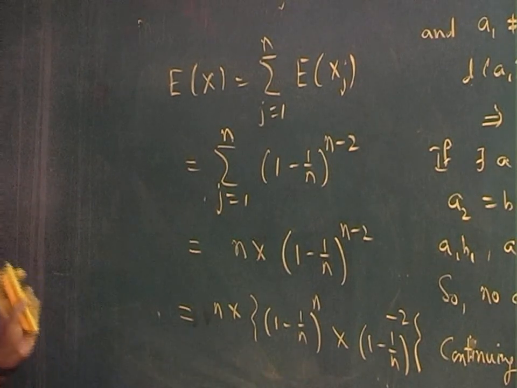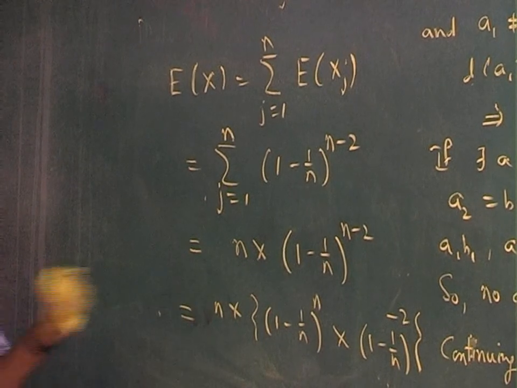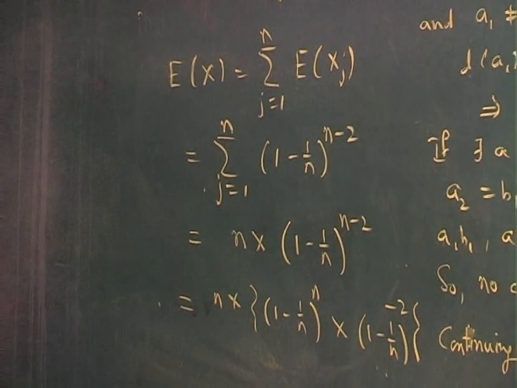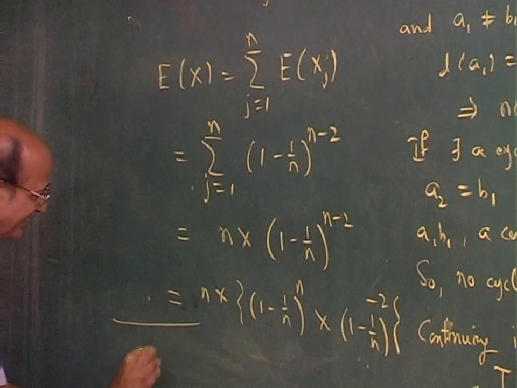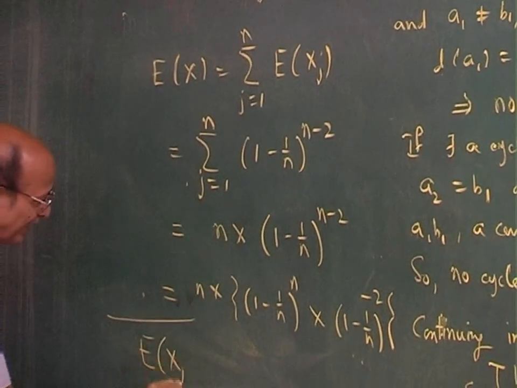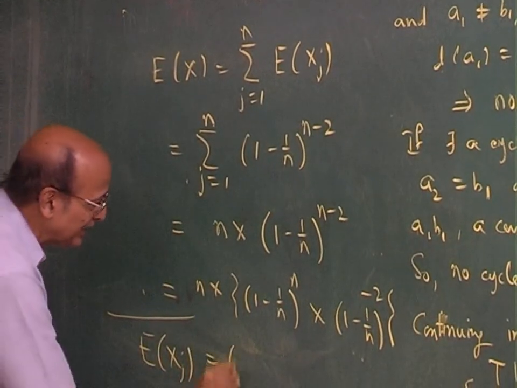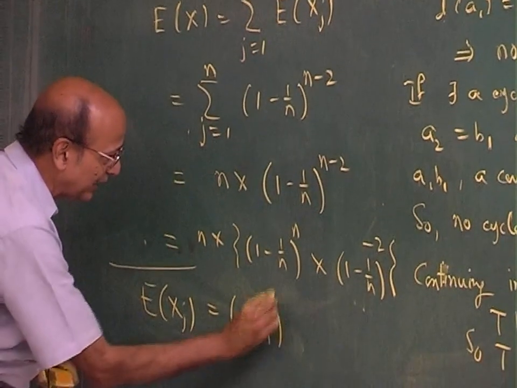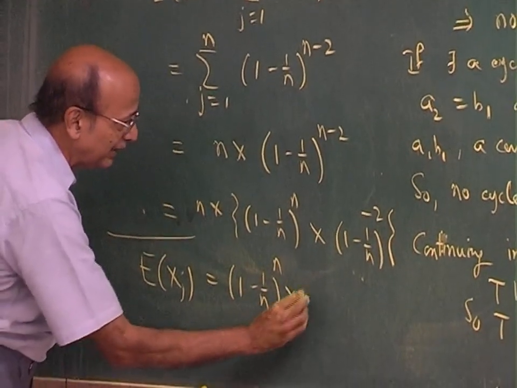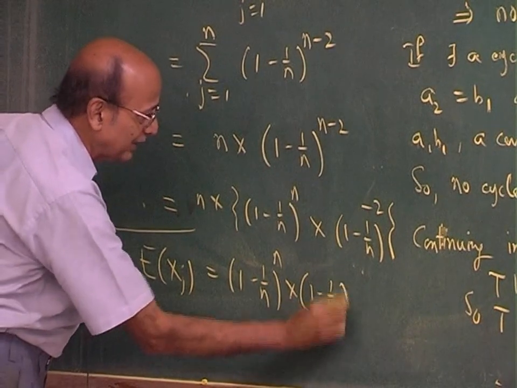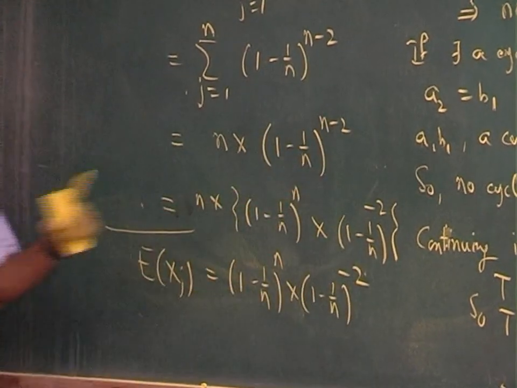Fortunately, now it is just a question of interpretation. Of course, I should have done this before. Just look at the expectation of Xj. This is (1 minus 1 upon n) raised to n multiplied by (1 minus 1 upon n) raised to minus 2. Okay?